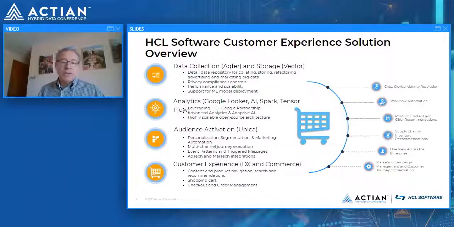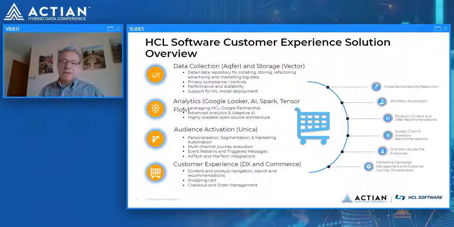So we would use data collection engine technology from Acfer. We'll use a data mart stored in Actian Vector, and this will have detailed data, privacy, performance, and scalability, and would support the necessary machine learning processing.